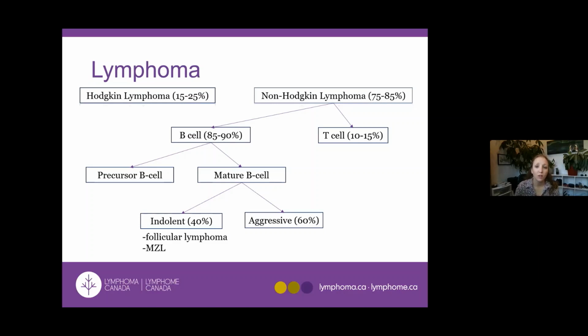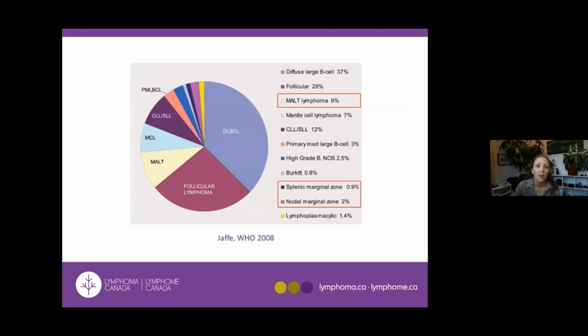We know that over time, certain types of lymphoma are decreasing in frequency. However, marginal zone lymphoma is actually one type that is increasing, potentially because of the infections or autoimmune conditions that it's related to. This is an old picture, but it shows the distribution of lymphoma.